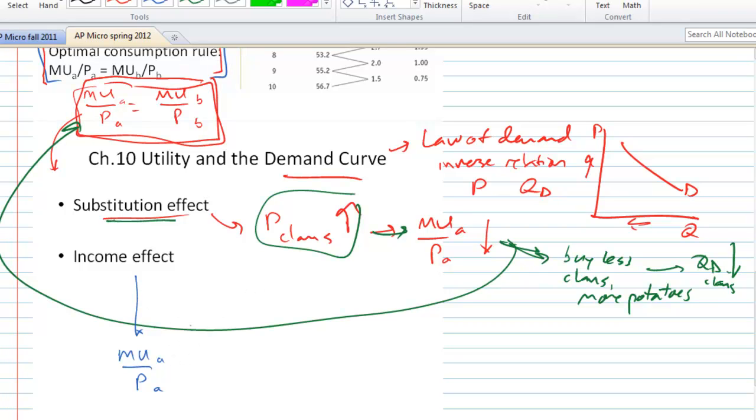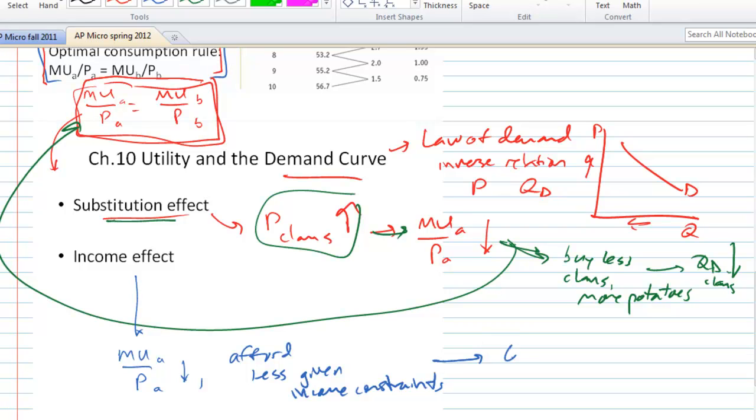The marginal utility per dollar with a higher price is going to be going down, and also we're going to be able to afford less given our income constraints. Even if we have the same income, we're going to be able to buy less clams.